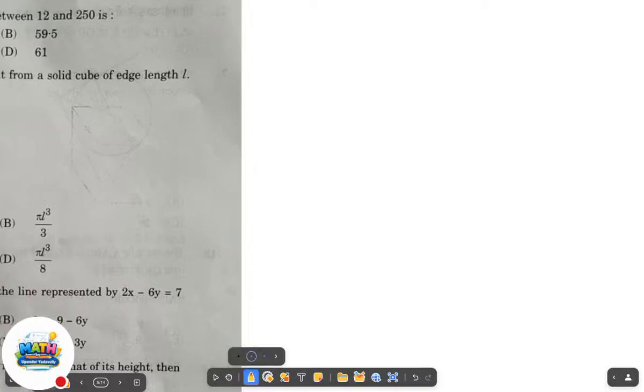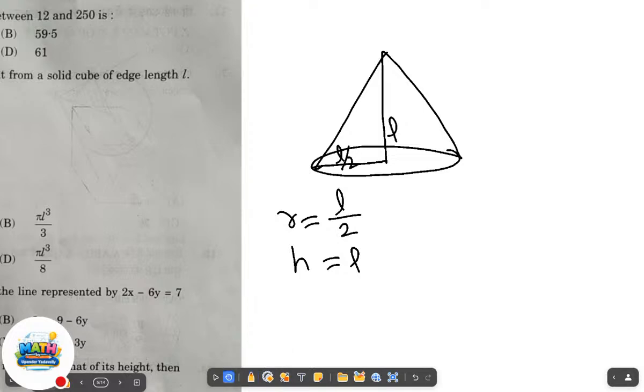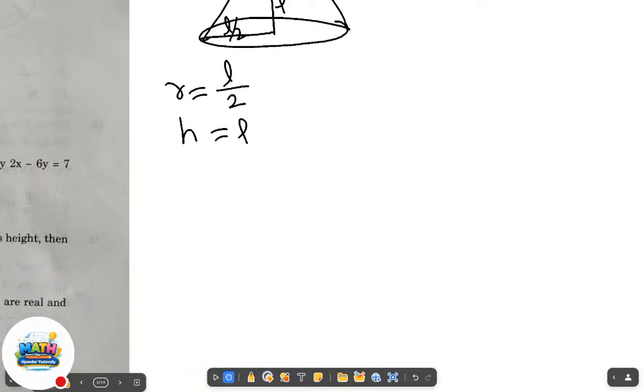For this cone, the radius will be equal to L by 2 because the diameter is L. The height of the cone will be equal to L. So this is L by 2 and this is L. What we have to find is the volume of the cone, which is 1 by 3 pi r square h.